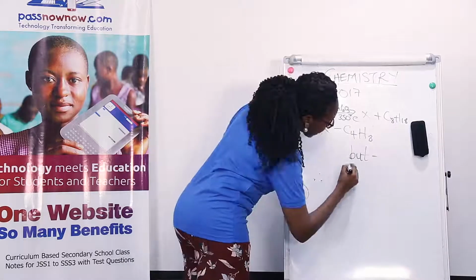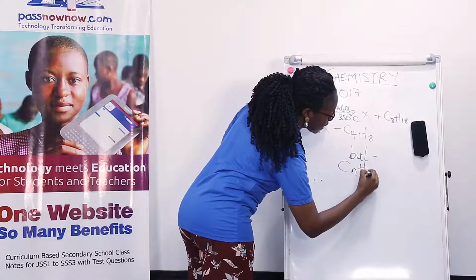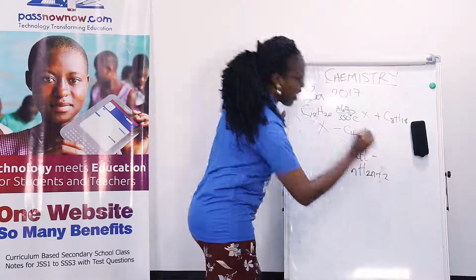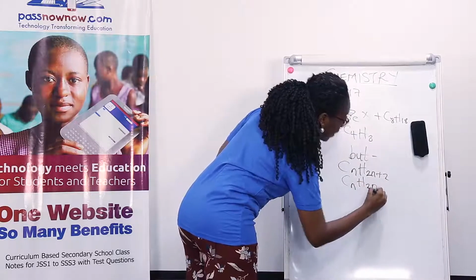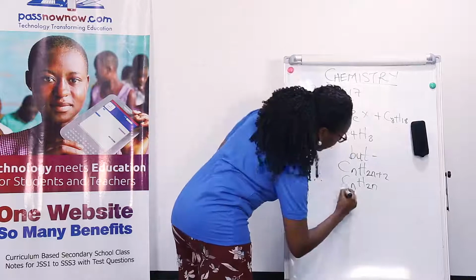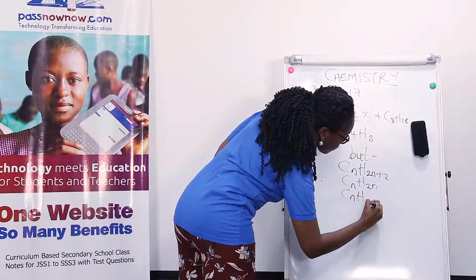We know that alkanes have the molecular formula CnH2n+2. The alkenes have the molecular formula of this. And the alkynes have the molecular formula of this.